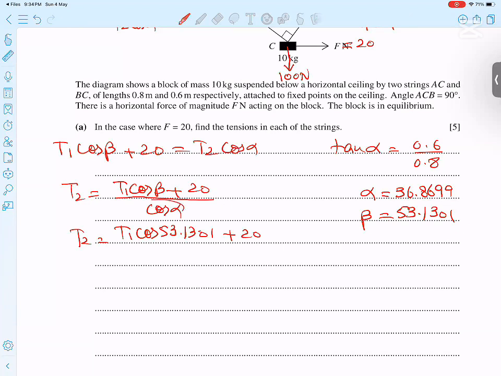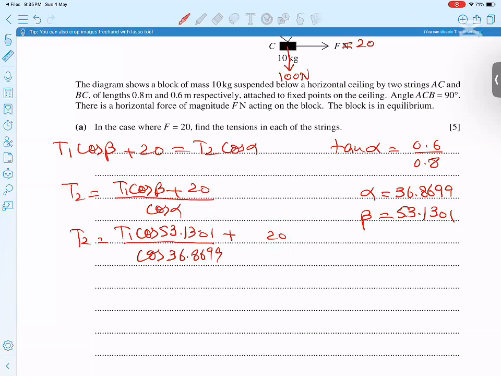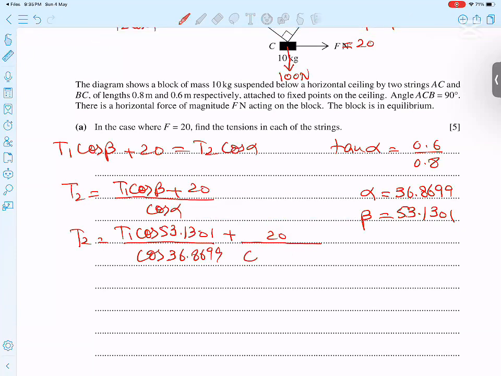And this cos alpha will divide both values. So first of all, I'm dividing here by cos alpha, 36.8699, and also dividing here. Wait a minute, let me shift slightly to the right side. It is also dividing here, cos 36.8699.